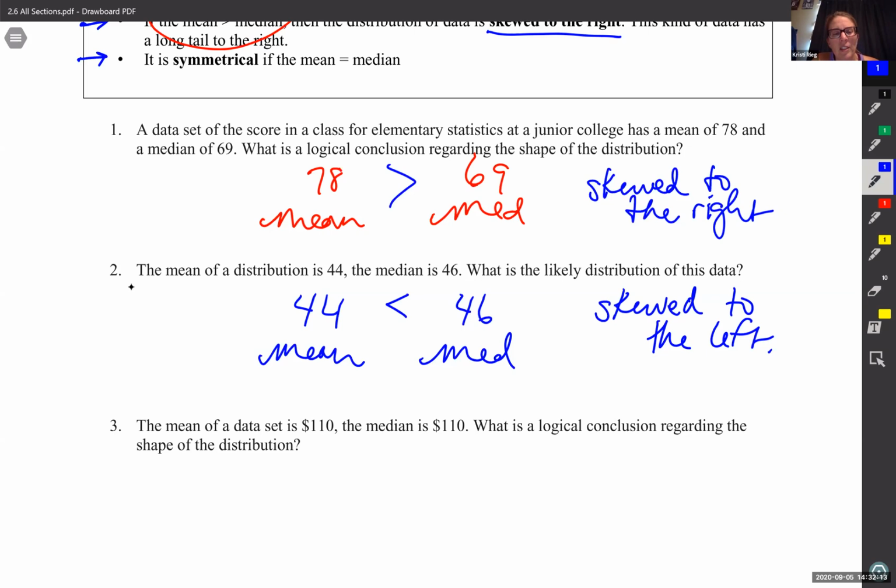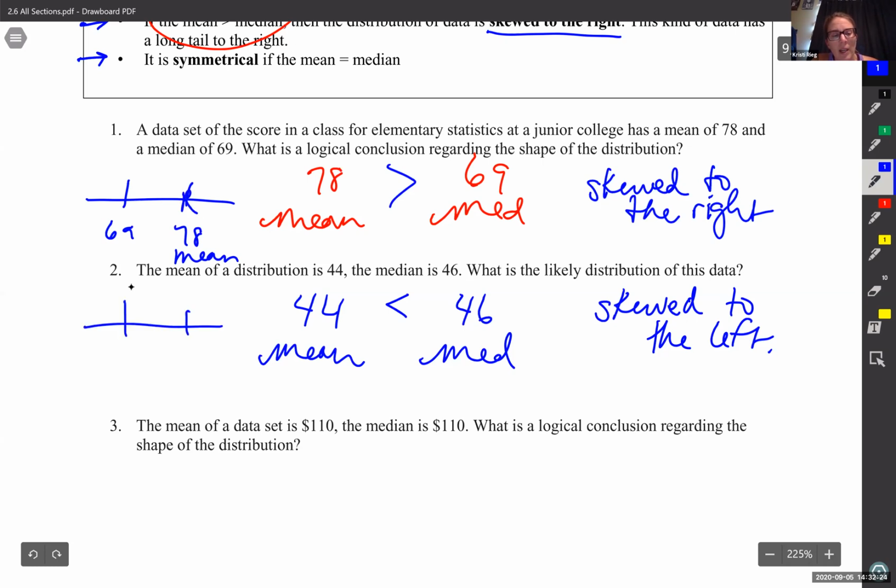If this was a number line, 69, 78, the mean is on the right-hand side and it's skewed to the right. If we did this next one on a number line, the mean is on the left, so this is skewed to the left.